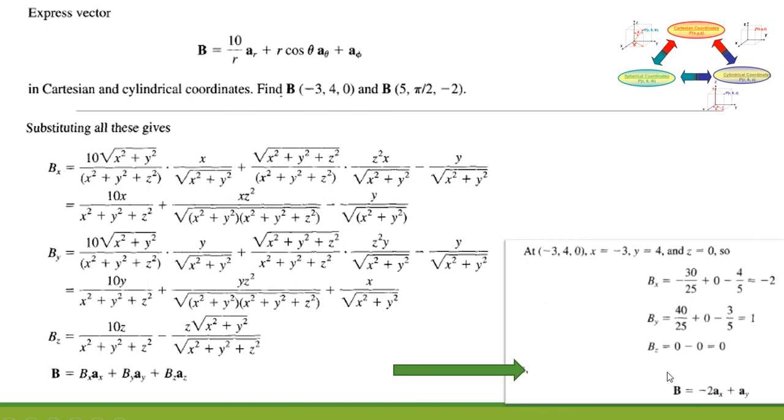So now we write the equation B vector equal to minus 2 ax vector plus ay vector. This one is 0, so we get minus 2 ax vector plus ay vector.